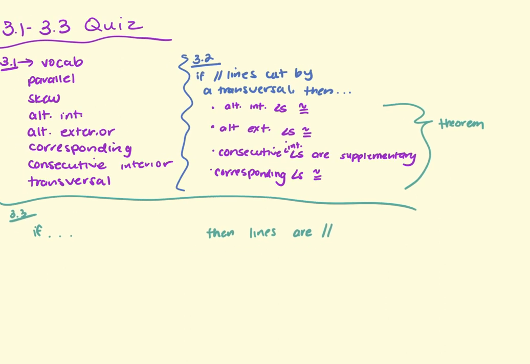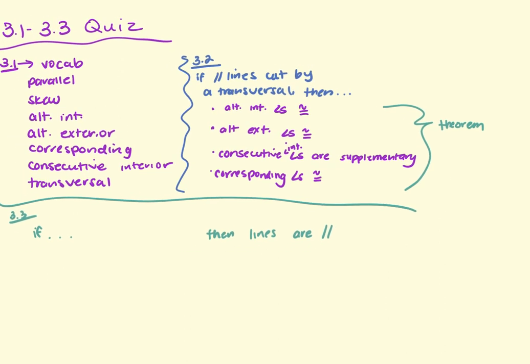So in 3-3, it was if the alternate interior angles are congruent. If alternate exterior angles are congruent. If corresponding angles are congruent.